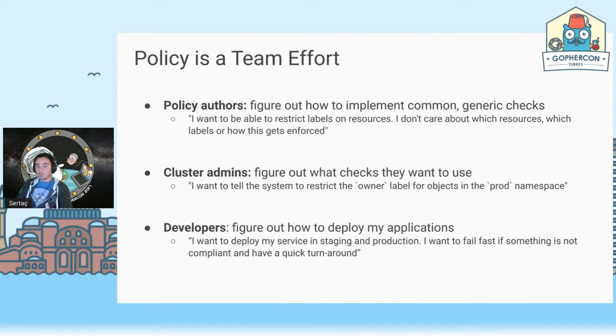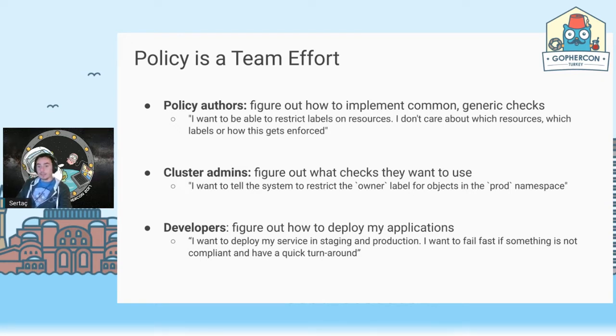For cluster admins, they want to figure out what checks they want to use. For example, they may want to restrict the owner label for objects in the prod namespace, so they can figure out who the owner of an object in the prod namespace is.